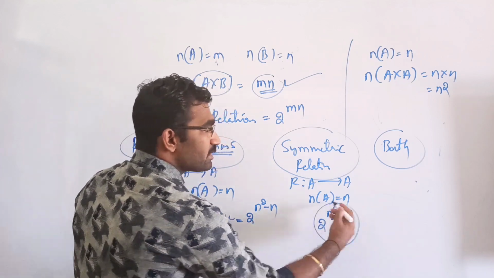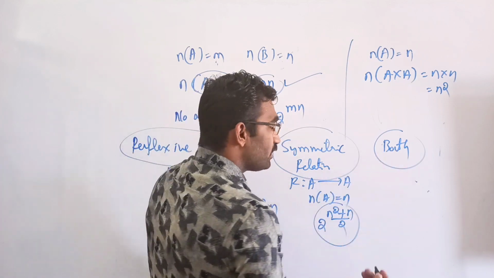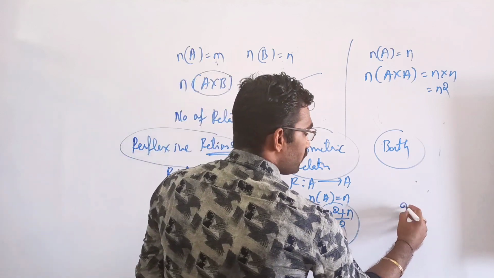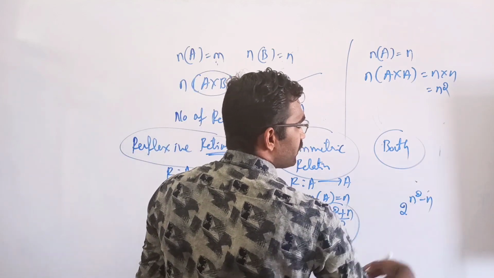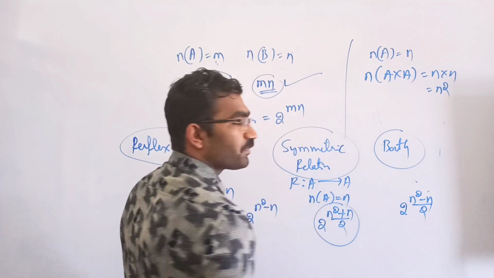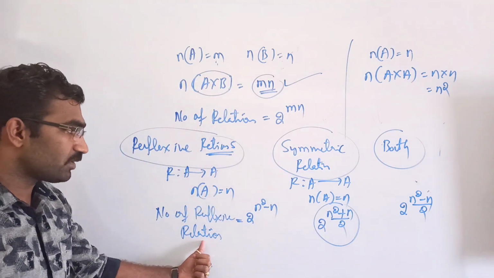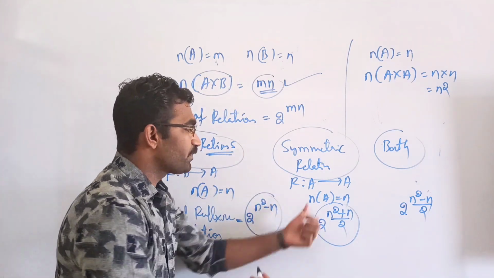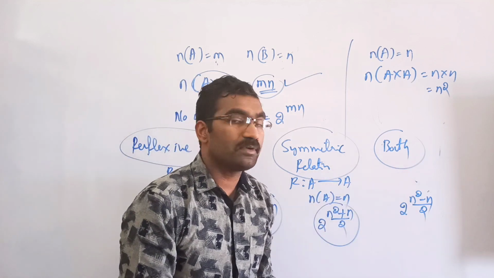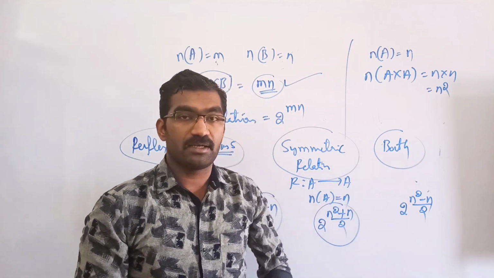The number of relations which are both symmetric and reflexive is 2 raised to n square minus n, whole divided by 2. So these are the number of reflexive relations, symmetric relations, and both reflexive and symmetric relations.